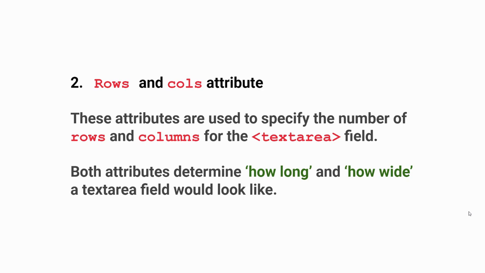Because if you were to use a text area field to house multi-line inputs like comments, and the text area field isn't wide enough for someone who just wants to dish out a lot of comments to the field, he might suffer the same problem as with the input field, which is why the rows and the cols attributes are important. The row attribute determines how wide, then the column attribute determines how long the field will be.